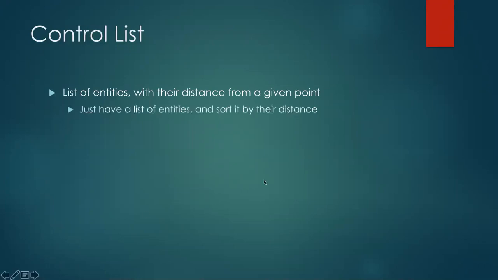I could, and this is absolutely valid, have only a single flat list of entities and simply sort that list by their distance to my given point. Totally a valid way to do it. The problem is anytime I access that list, if I wanted the distance, I don't have access to the distance.